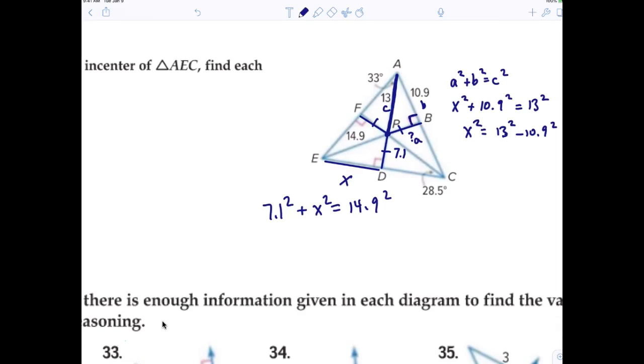What'd you get? No, your calculator's not messed up. Come on, clear it again. Just do 14.9 squared minus 7.1 squared. And what does that say?